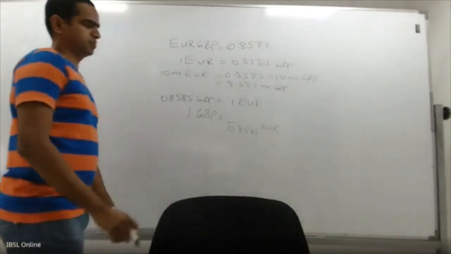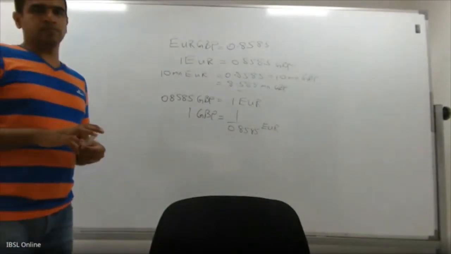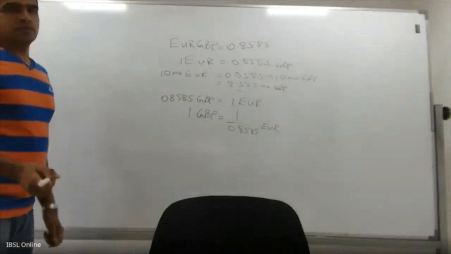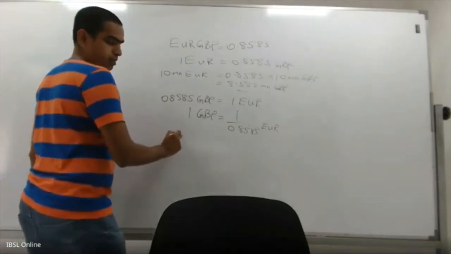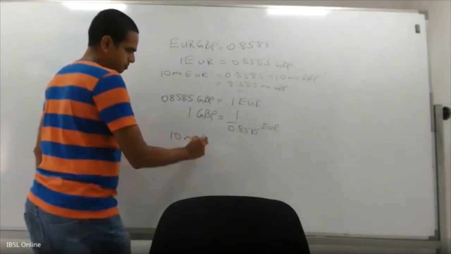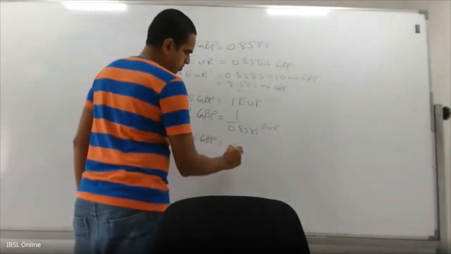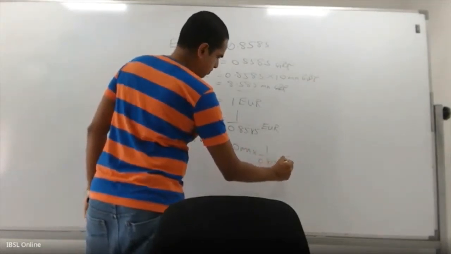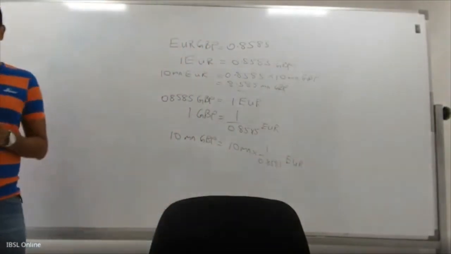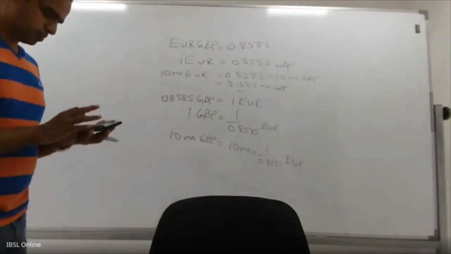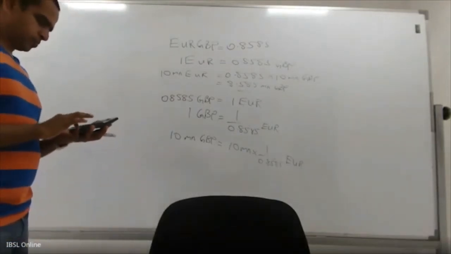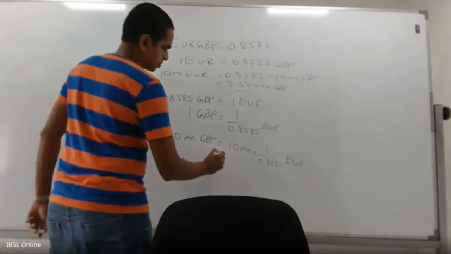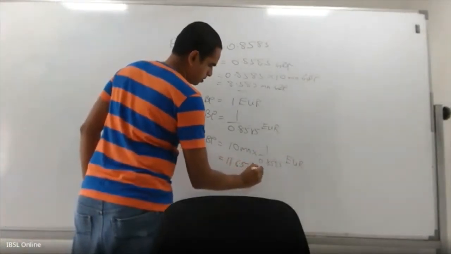So if you have 10 million sterling, it will be 10 million into 1 over 0.8585 euros. It's about 11.65 million euros.